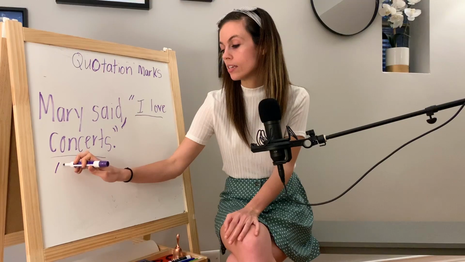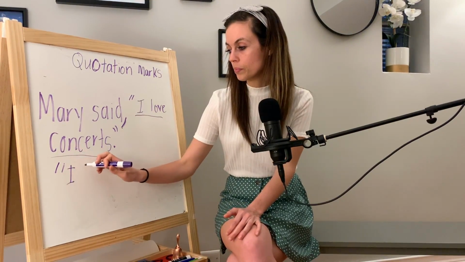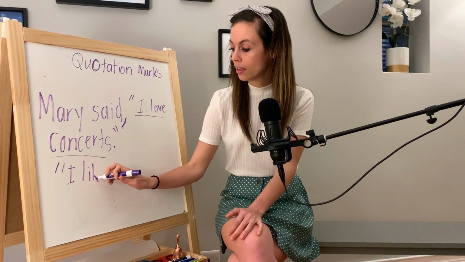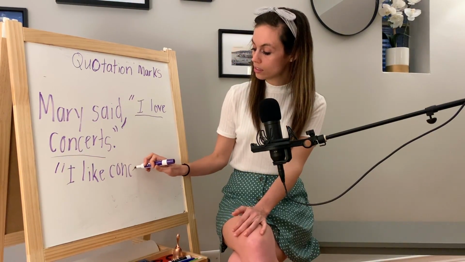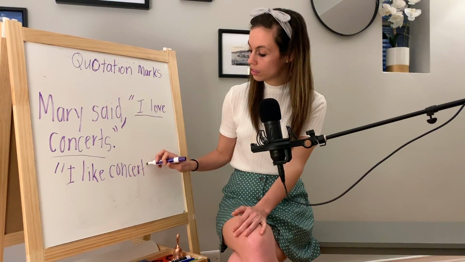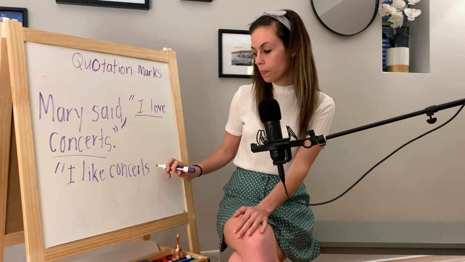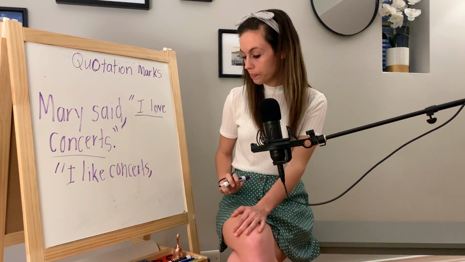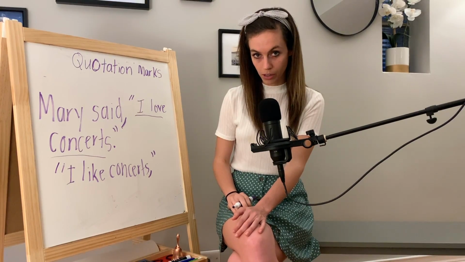Sometimes you might see the dialogue or quotation marks written like this. I like concerts. So in this case, this is where it gets kind of tricky. In this case, your comma will go inside of the quotation marks.